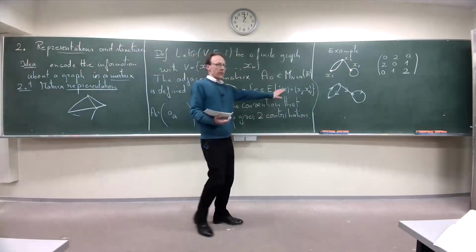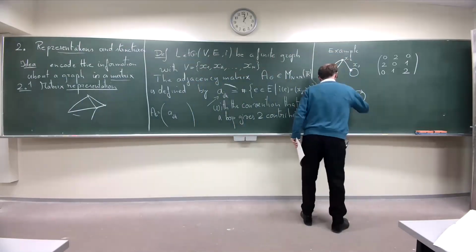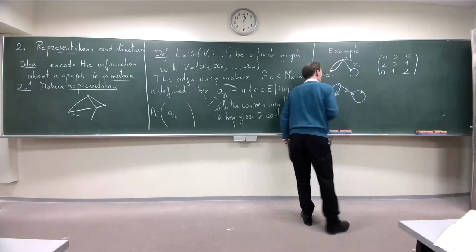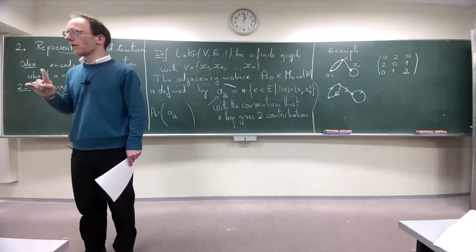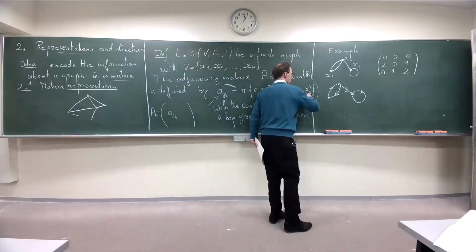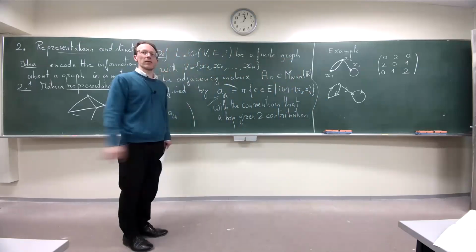However, what is the difference? I can keep this one. Now, what is the difference between oriented and unoriented? For unoriented, you can just look at this in an arbitrary way. For oriented, you have to keep this order.